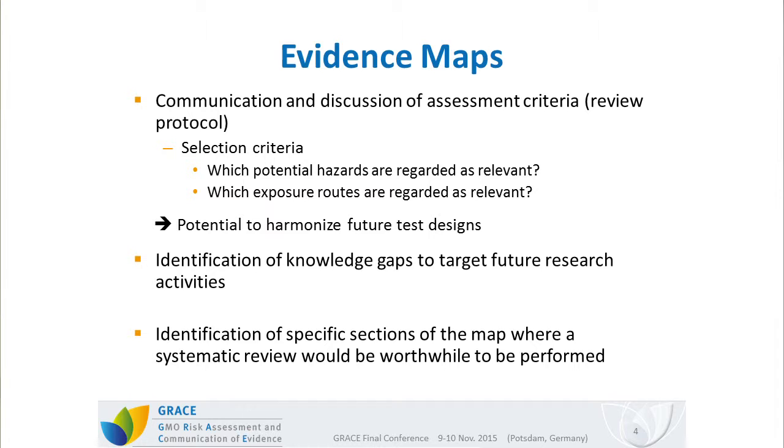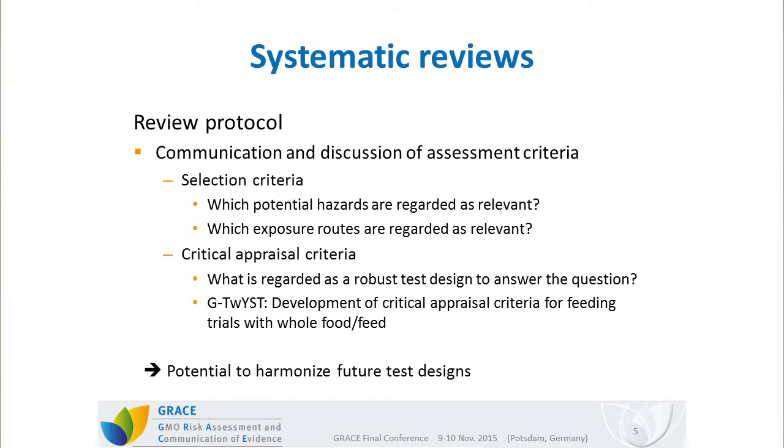If you think about the overall report of a map, it's a powerful tool to identify knowledge gaps and like this target future research activities. Furthermore, an evidence map can lead to the identification of specific sections where it would be worthwhile to perform a systematic review. Now coming to systematic reviews: firstly, related to the review protocol, as in the case of an evidence map, it would facilitate the communication and discussion of assessment criteria.